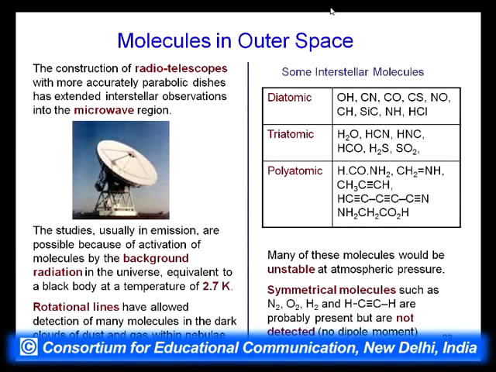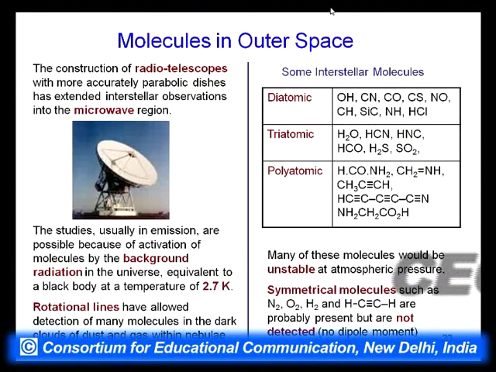Molecules in outer space are detected using microwave spectroscopy, and many of these have been detected. Obviously nobody can go there to find out which species are present, which are the interstellar molecules. Microwave spectroscopy using radio telescopes has made it possible, and from these rotational lines we have detected molecules like OH, CN, CO, CS, even molecules which are not very stable.